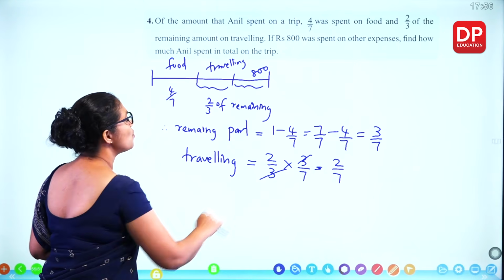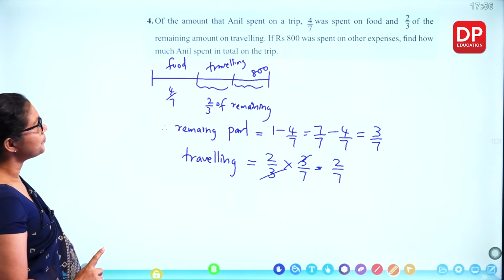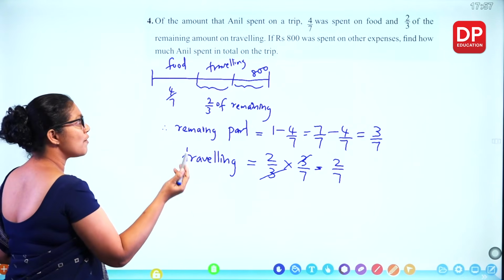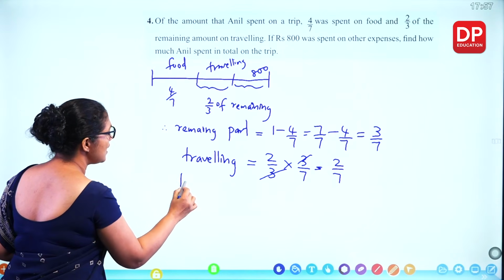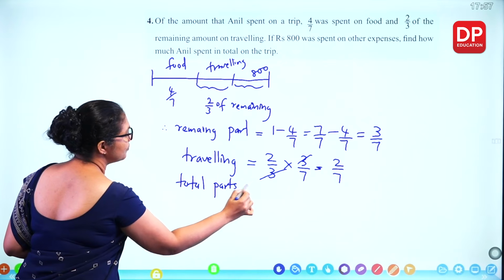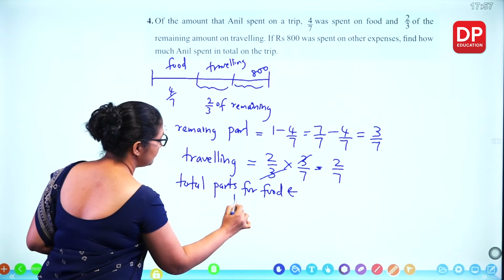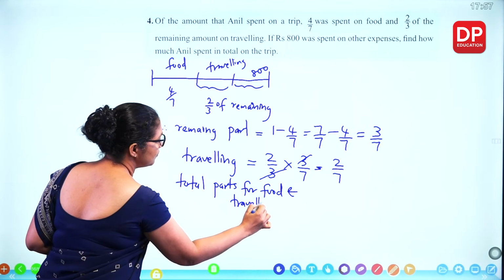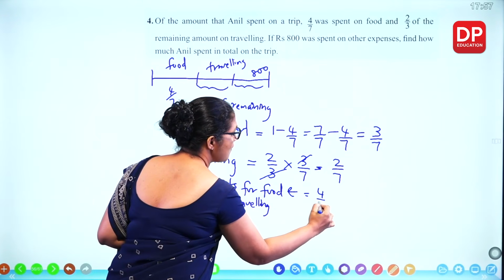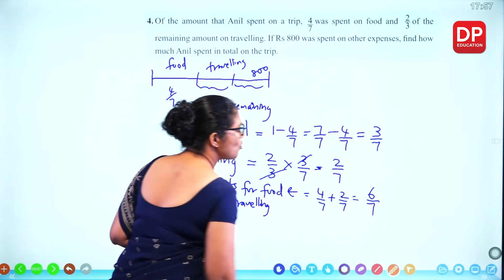Now we know 2/7 for traveling and 4/7 for food. But the remaining part, so we have to find out the remaining part. So the total parts for food and traveling, you need to add these two. 4/7 plus 2/7, altogether 6/7.